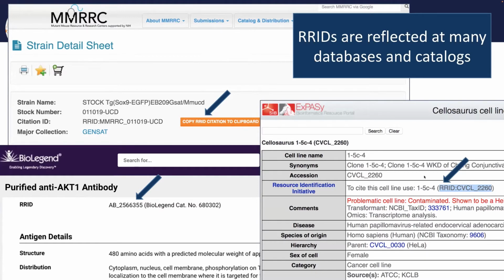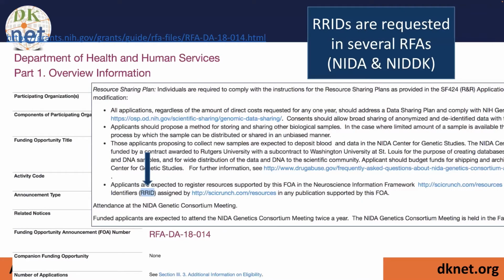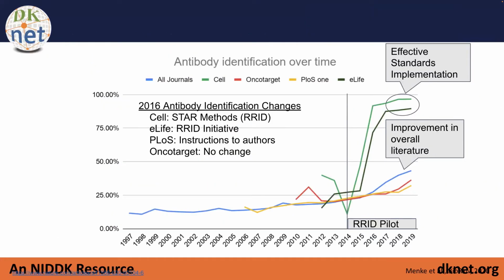They also provide the RRIDs as well. And then they are also included in a number of RFAs. For example, NIDDK has a number of RFAs out that specifically require the use of RRIDs.